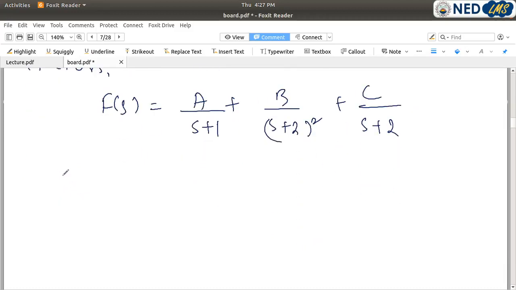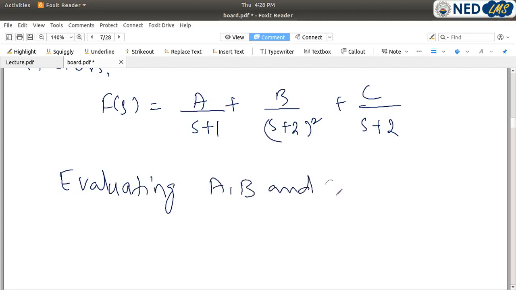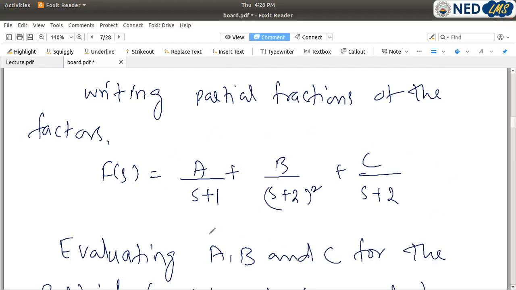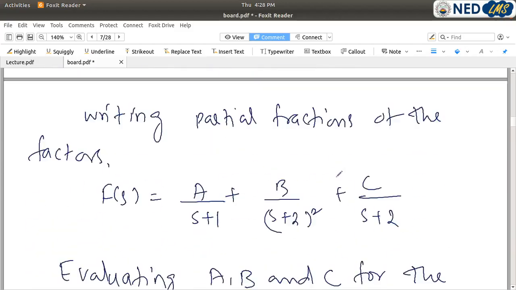So evaluating constants A, B, and C for the partial fractions to be equal to F of s. Now evaluating constants A, B, and C for all of these factors to be equal to this term.